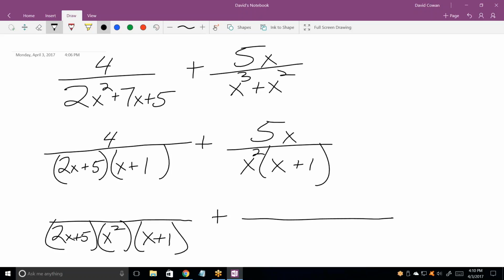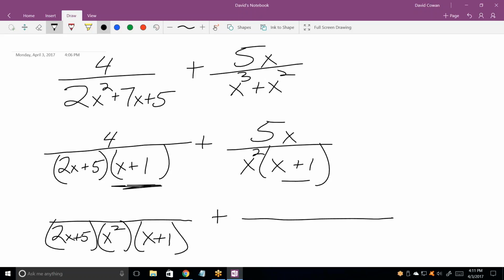Normally, you can always find a common denominator by multiplying both denominators together. So if I had 1 over a plus 1 over b, I know the common denominator is going to be a times b. Sometimes you don't need to do a times b if you have a common part.